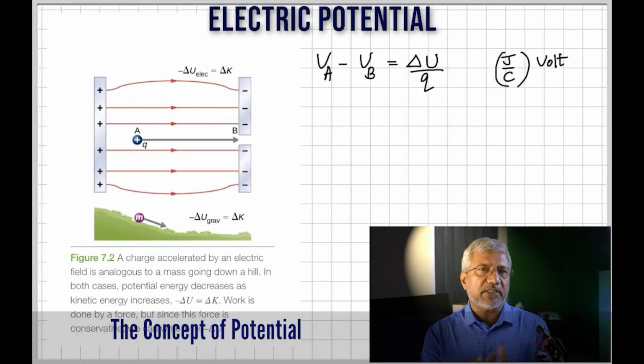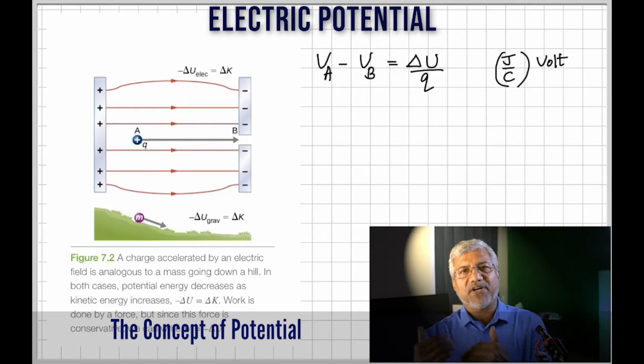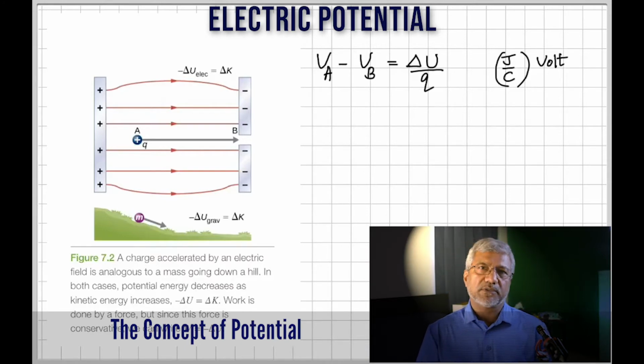So if we know that the change in potential energy is 10 joules, as an example, and if the charge that's being carried is 2 coulombs, then the potential difference between B and A is 10 joules divided by 2 coulombs, which is 5 joule per coulomb, which is also called volt. That means the potential difference between these two plates is 5 volt. All right? So that is the idea of potential difference.